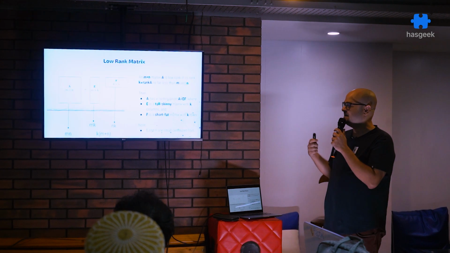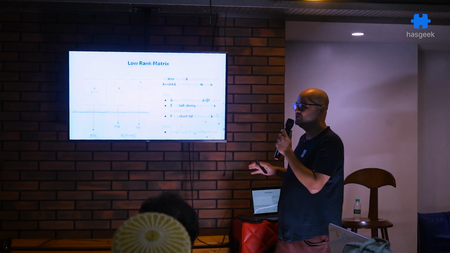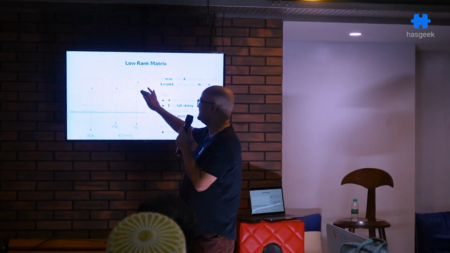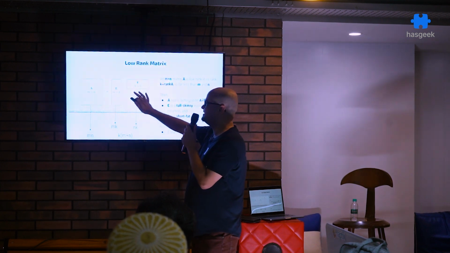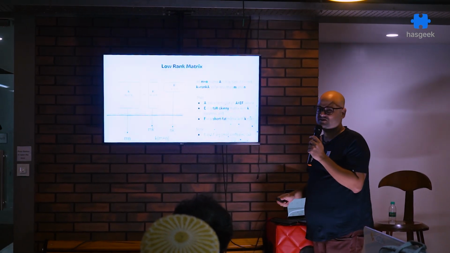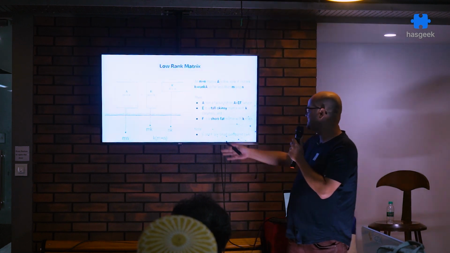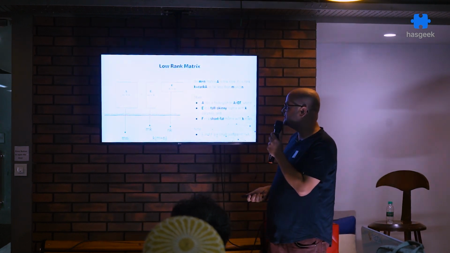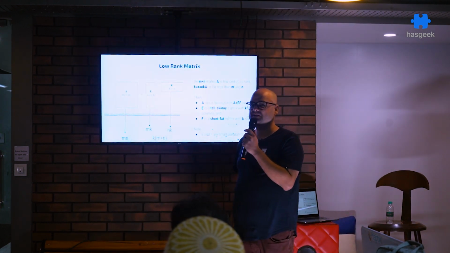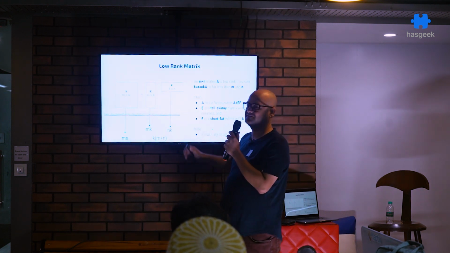If A has rank 5, then you will be able to find an exact factorization like this, where k is 5. So m cross 5 and 5 cross n, which basically looks like that. And everywhere you had to use A, you can replace that with E and F.